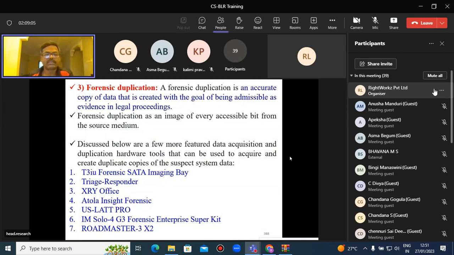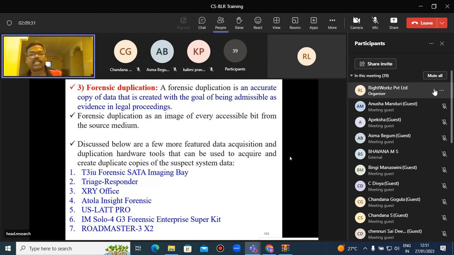Forensics data imaging, Triage Responder, XRY Office, Atola Insight Forensic, USB Lab Pro, IM Solo 4G Forensic, Enterprise Super Kit, Roadmaster 3X2.